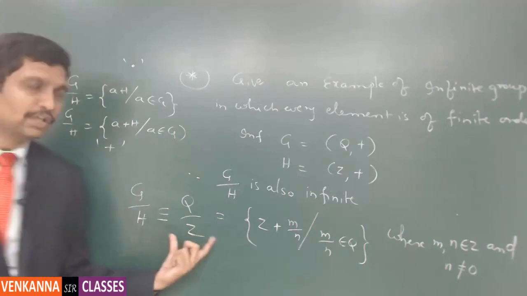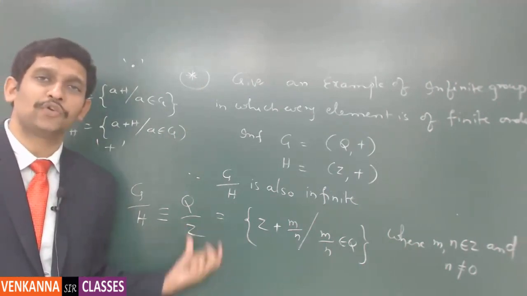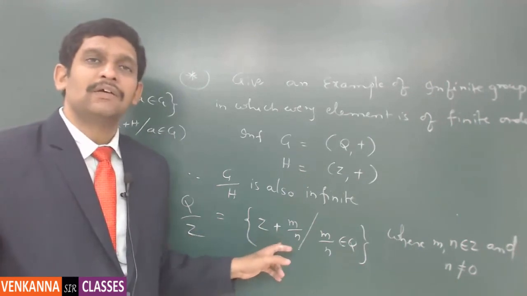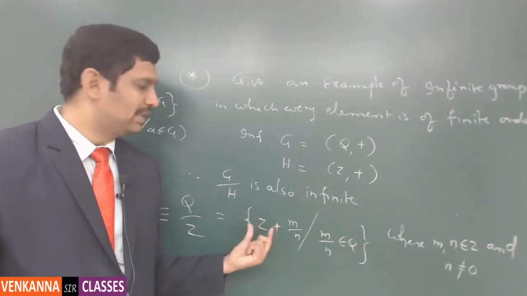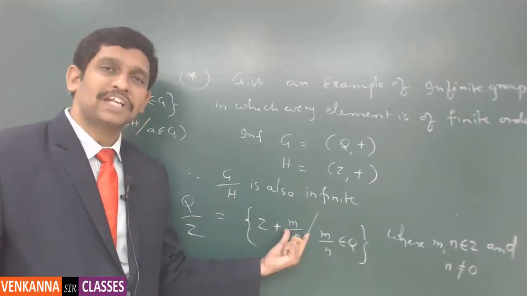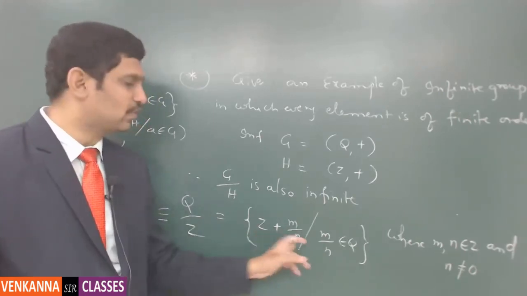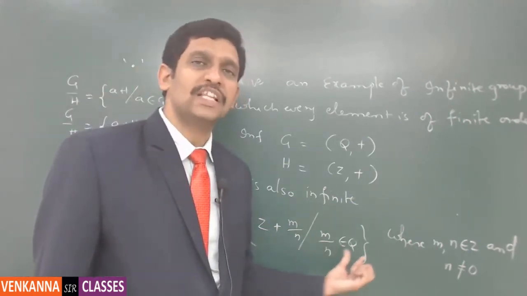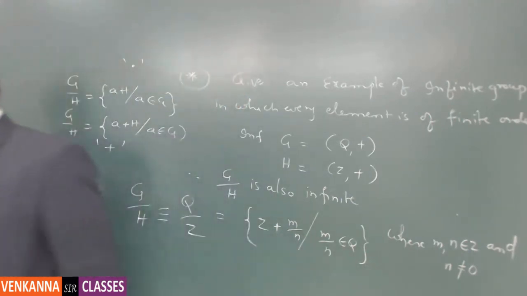So here, if you consider the quotient group Q by Z, the set is formed by adding a rational number to Z. This is the coset here, where the number belongs to the group, which is Q. Please take a note of it.